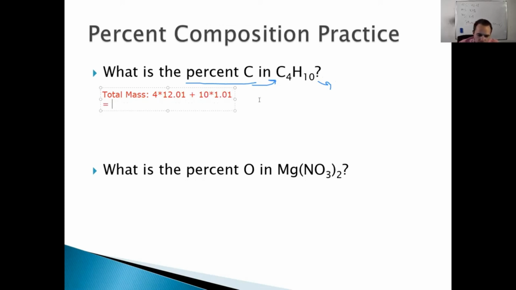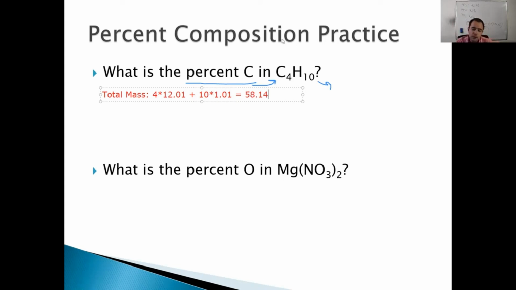And that's going to give us the total mass of butane. So 4 times 12.01 plus 10 times 1.01. That's going to be an average molecular weight of butane. That's 58.14 grams per mole.